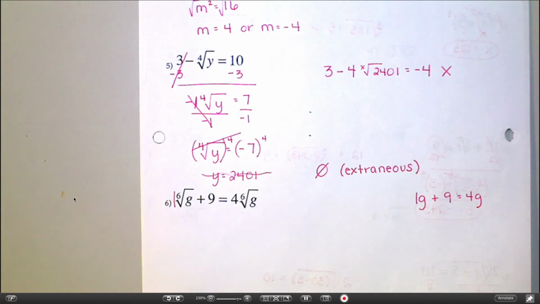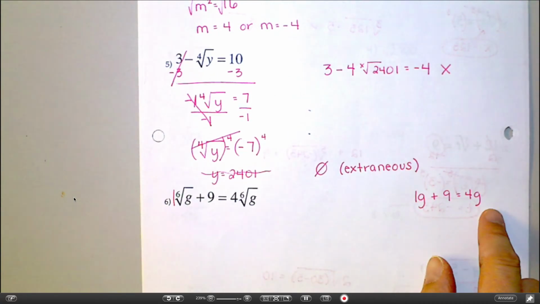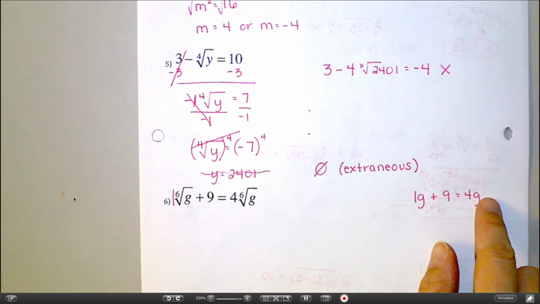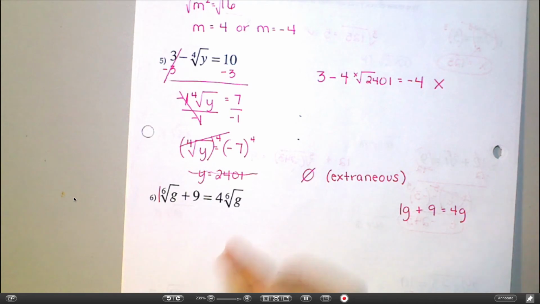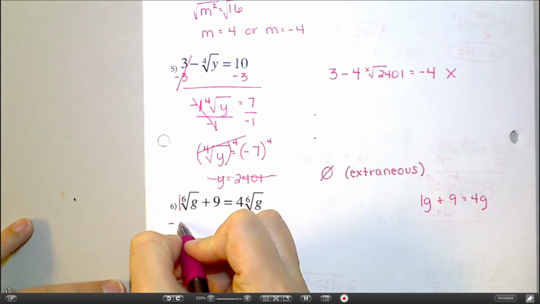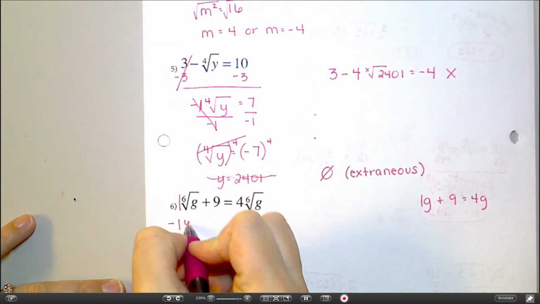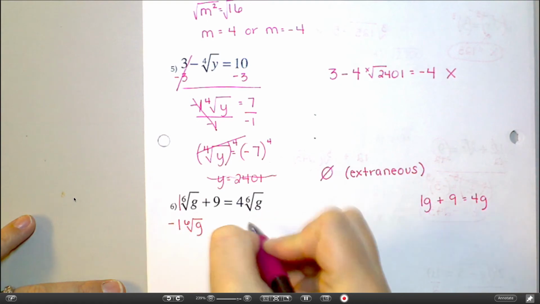Okay, you would combine them by subtracting the 1 from the other side, right? You would subtract 1g from 4g. I'm going to do that exact same thing here. Okay? I'm going to subtract 1/6 root of g from each side.